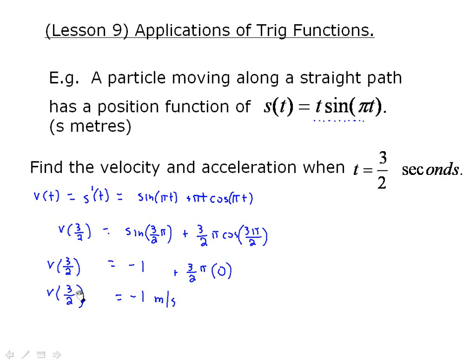Now the next part, of course, is the acceleration, and that's not a big deal. We just have to keep on differentiating. So a at t is equal to the derivative of v.